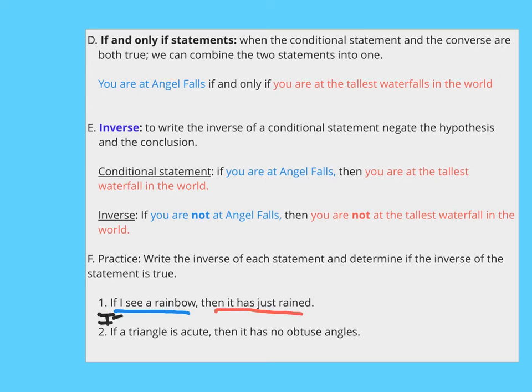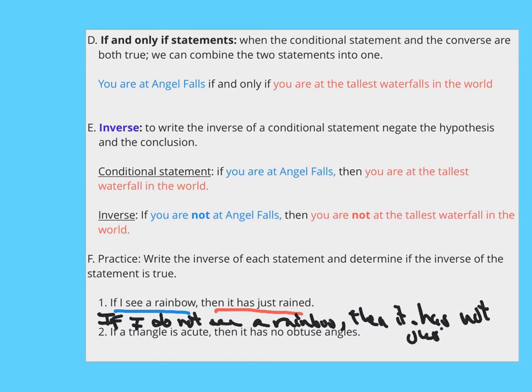So if I do not see a rainbow, then it has not just rained. And then I'm supposed to decide if that inverse is true. I'm going to say that that's false because there's lots of times where it has just rained and I have not been able to see a rainbow. So it could have rained and we just hadn't seen the rainbow.